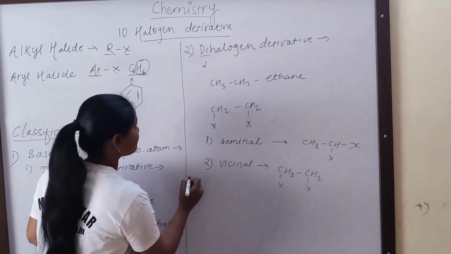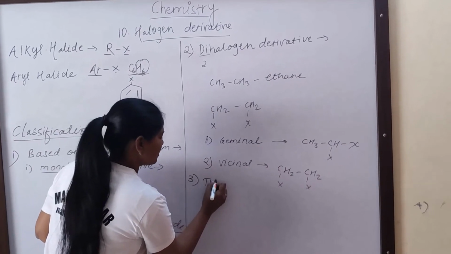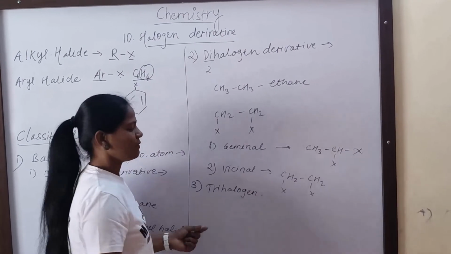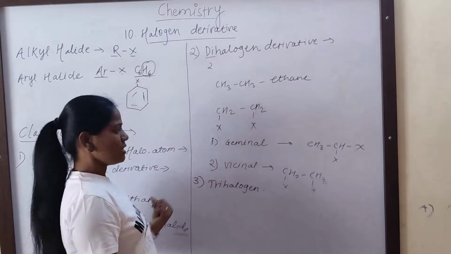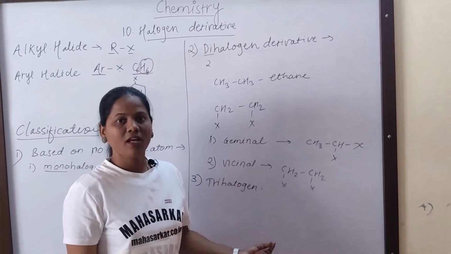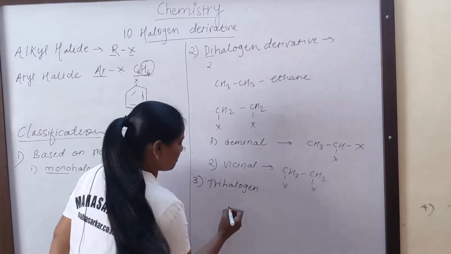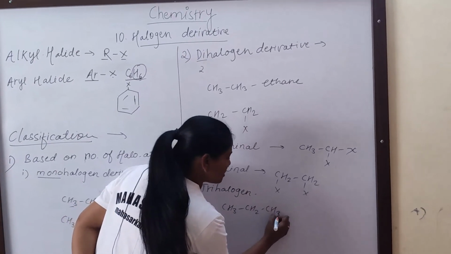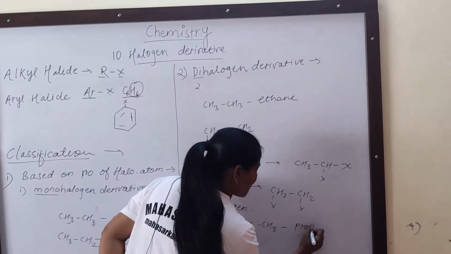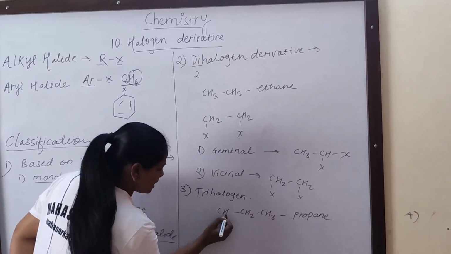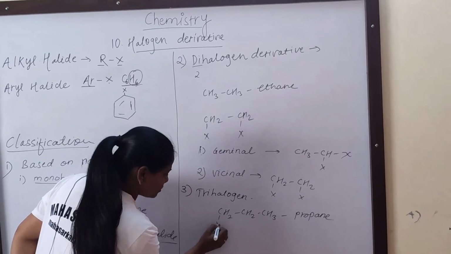Next is trihalogen derivative. Now what will be the definition of trihalogen derivative? Instead of one, here three hydrogen atoms are replaced by three halogen atoms. For example, CH3, CH2, CH3. This is propane. This is a hydrocarbon, and in this hydrocarbon, this one hydrogen atom I will replace by one halogen atom.